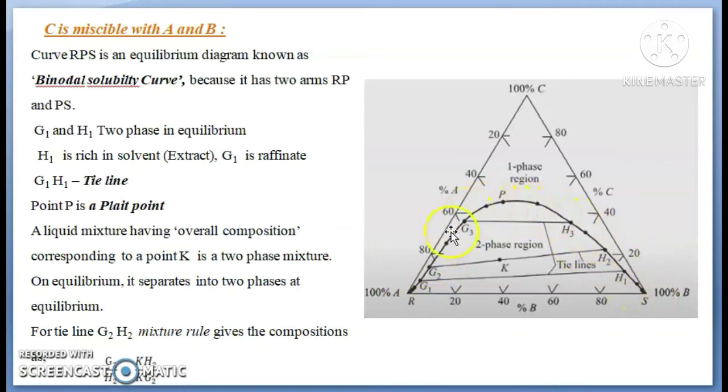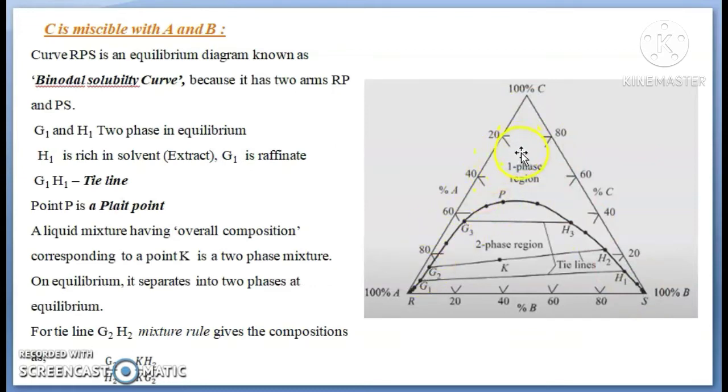The binodal solubility curve is nothing but two arms: RP indicates the concentration of the raffinate phase, whereas the curve PS indicates the concentration of the extract phase, which are in equilibrium.